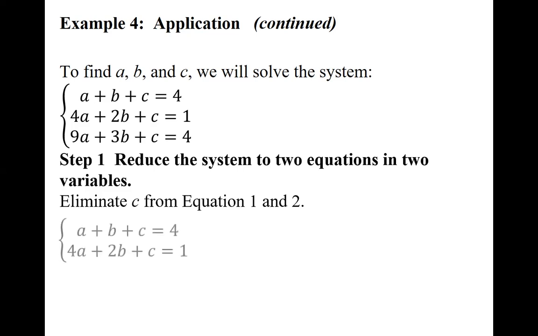So to eliminate c from equations 1 and 2, I'll start by multiplying equation 2 by -1. But again, I didn't have to do that. I could have done it to equation 1. All roads lead to the same solution, as long as we're doing correct things.